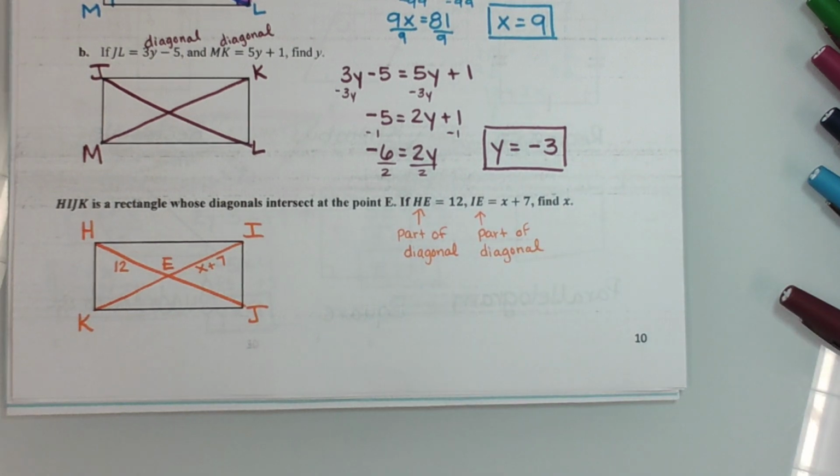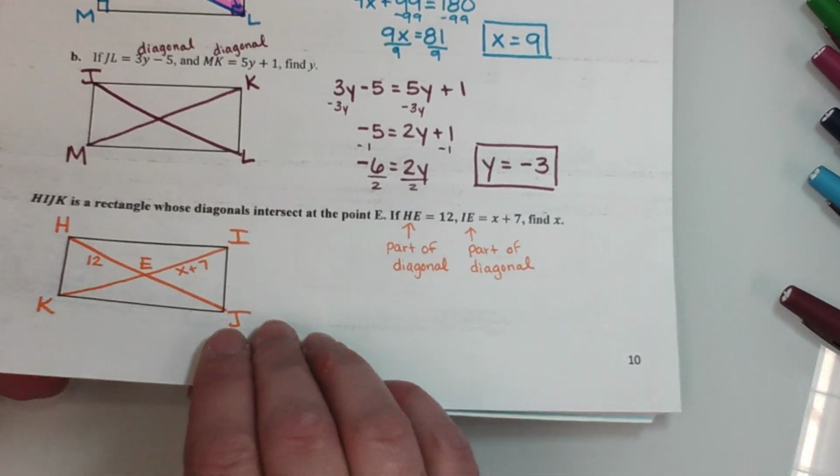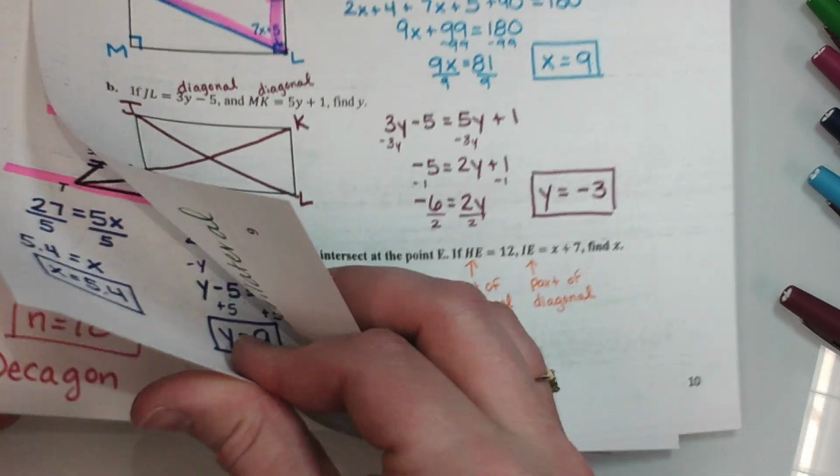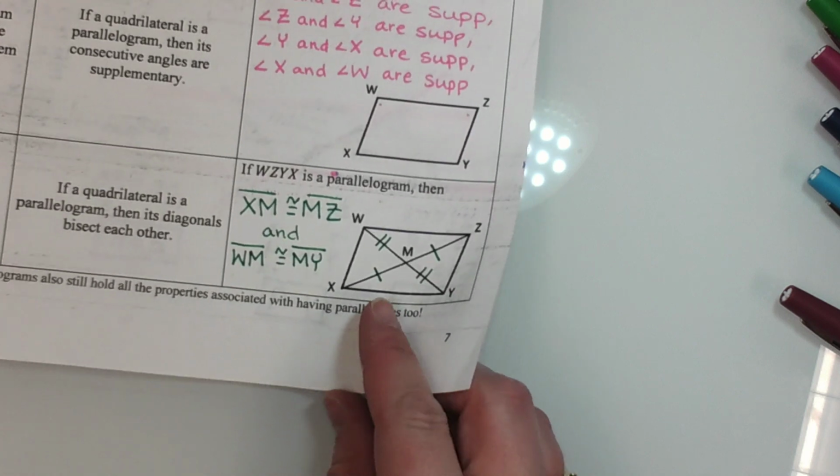Does the theorem on the top of the page tell us anything about the parts of the diagonals? No, it only talks about the full diagonals, which means we need to flip back and talk about things with parallelograms. Because a rectangle is still a parallelogram. And we do have a parallelogram theorem that talks about parts of a diagonal of a parallelogram.